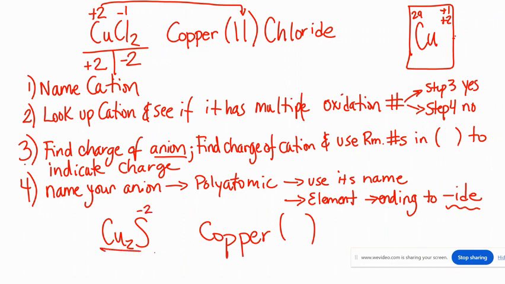I have one of them, so this side is a -2, which means this side is a +2. I have 2 coppers here, though, so that 2 needs to get divided by 2. That means each copper is a +1, right? And that's what goes in parentheses. And then we finish out naming this.